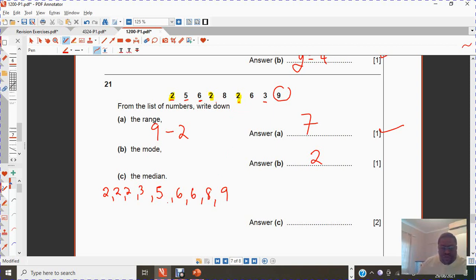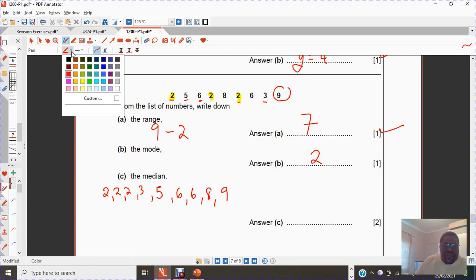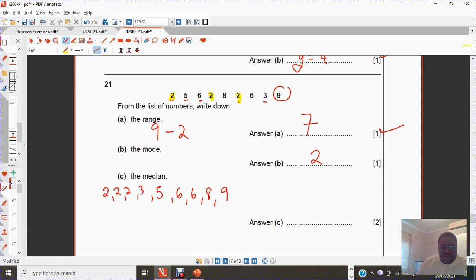So we are looking for the middlemost number, right? It's 4 on that side, 4 on that side, and the middlemost number is 5.